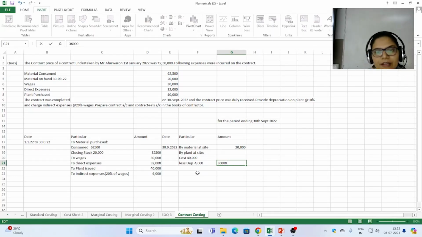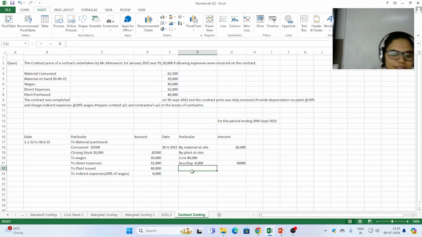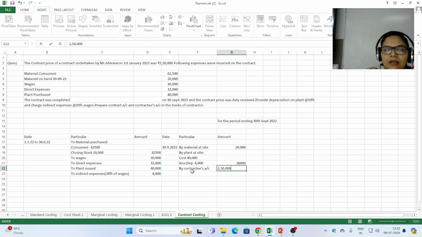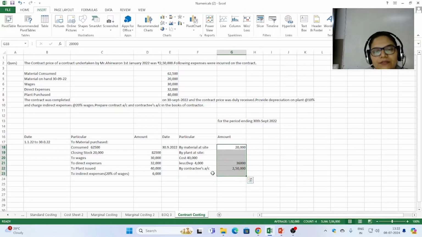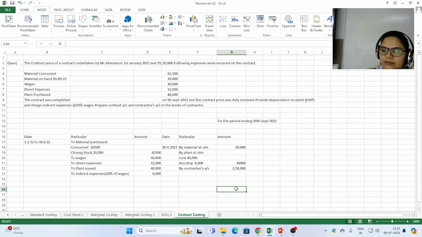And finally, the by contractee price, which is mentioned as 2,50,000. Now we will add all these values and we will get 3,06,000.